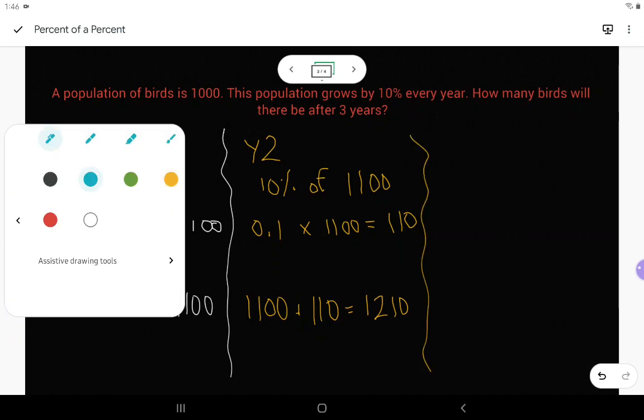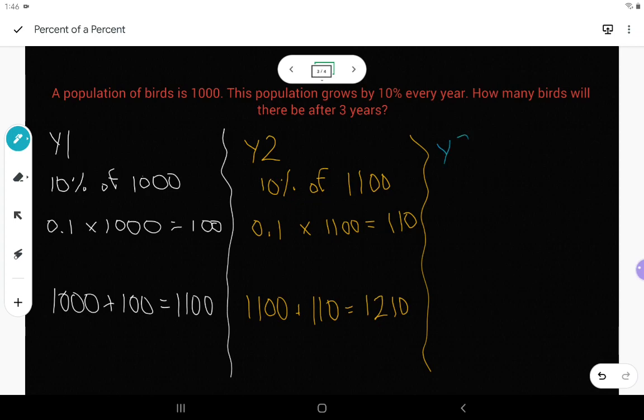And then at the end of year 3, we have even more birds that can get together and have little bird babies. So I'm going to need to find 10% of my new bird population, which is 1,210. And that's 0.1 times 1,210, and that is 121.